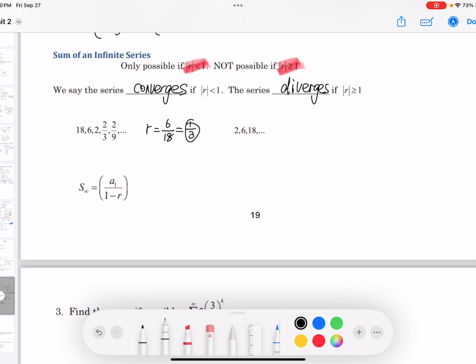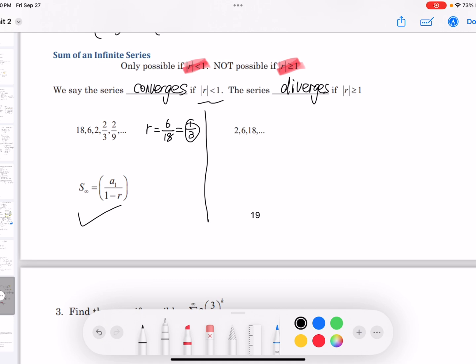So with 1 over 3, the absolute value of r is less than 1. So this one converges. And for convergent geometric sequences, we have a formula to find S sub infinity. That is equal to a sub 1 over 1 minus r.